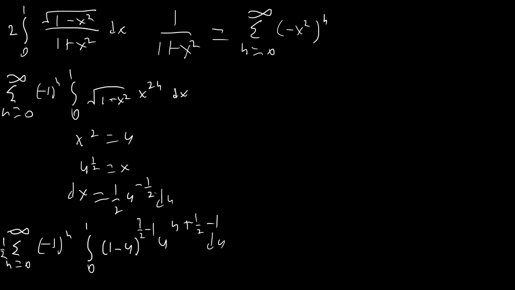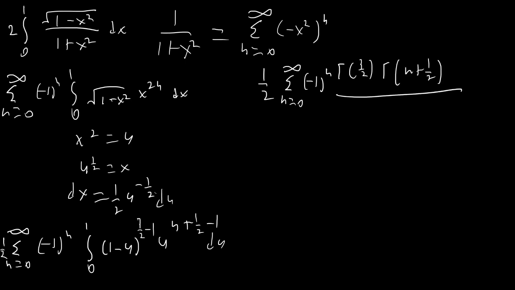So overall, we're going to have 1/2 times the sum from n equals 0 to infinity of negative 1 to the n times our beta function. So we're going to have beta m, n, which is just gamma m, which is gamma 3/2, gamma n, which is gamma n plus 1/2, over gamma n plus 2.